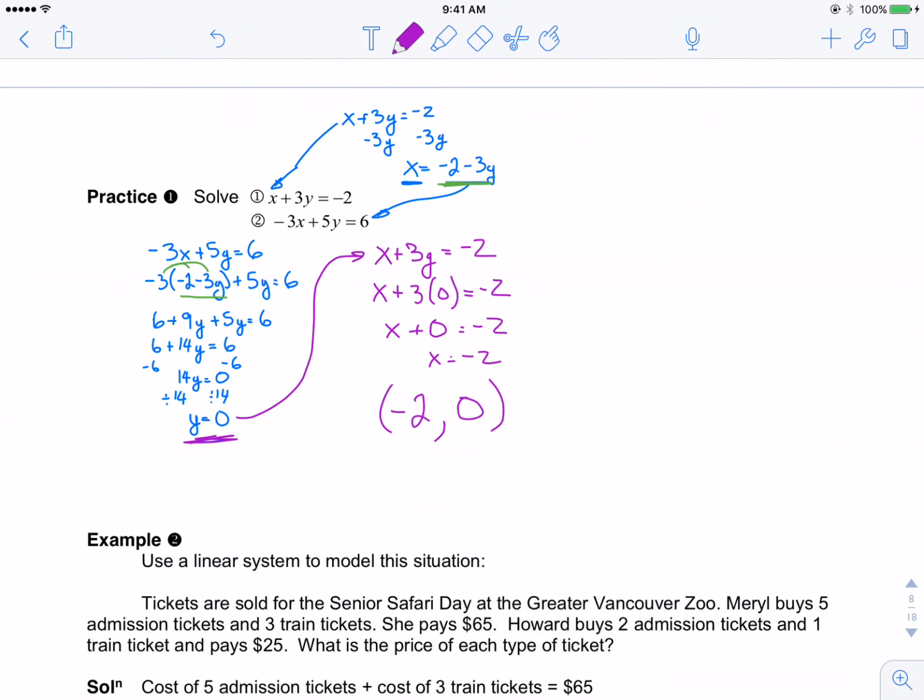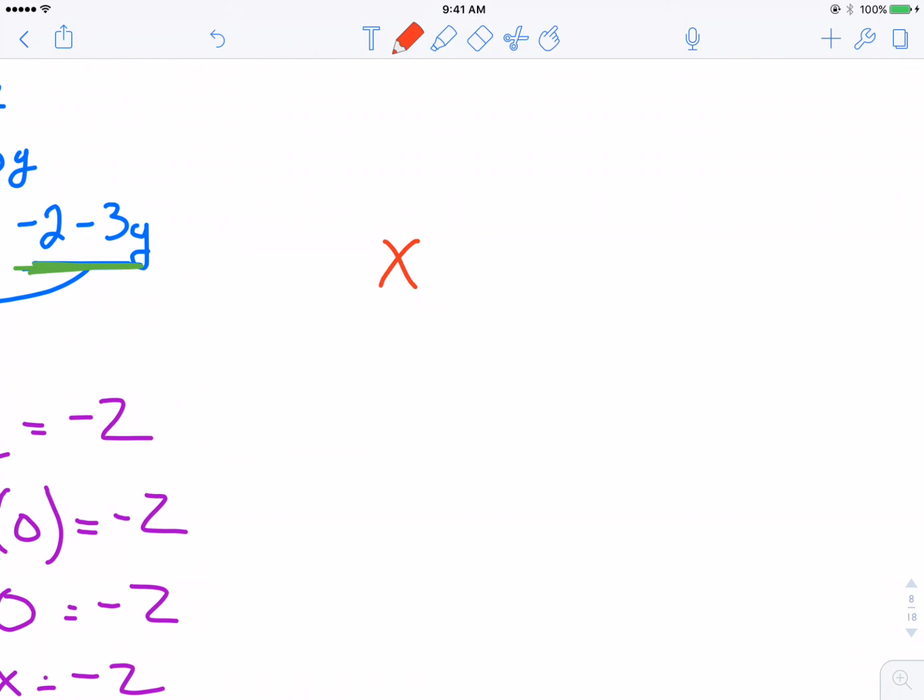And of course, you would verify that by substituting those values back into your equation. So we can quickly do that. It looks something like this. x plus 3y is equal to -2. I said that x was -2 and y was 0.